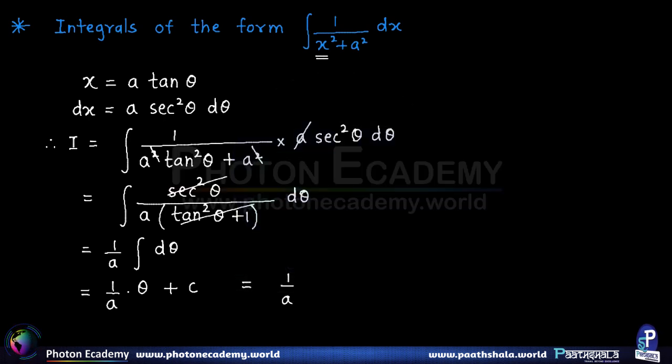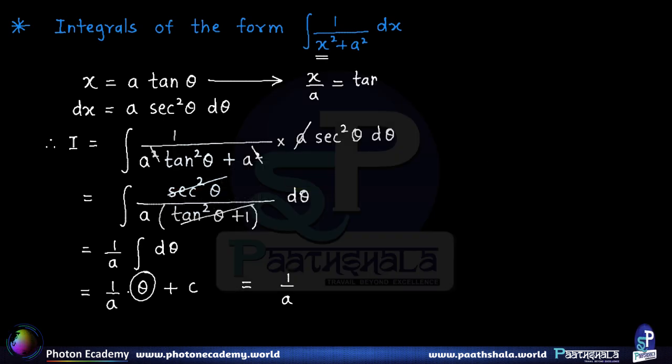Now we must replace back theta in terms of x, because theta is the variable that we had introduced on our own. So if we look at what we had substituted originally, that is x equal to a tan theta, that means x by a has to be equal to tan theta. So therefore theta is equal to tan inverse of x by a.